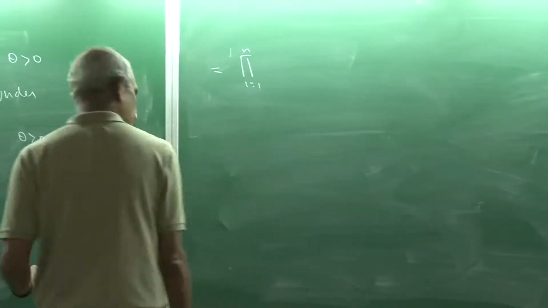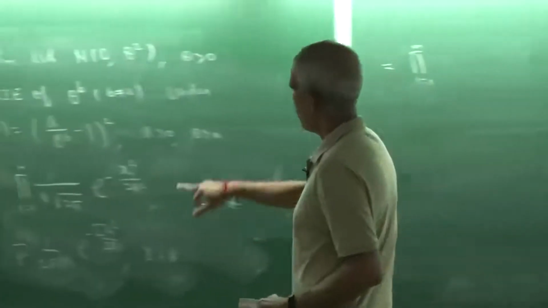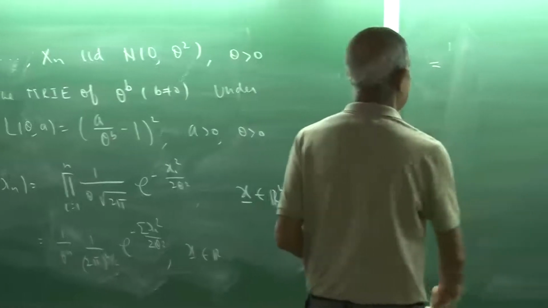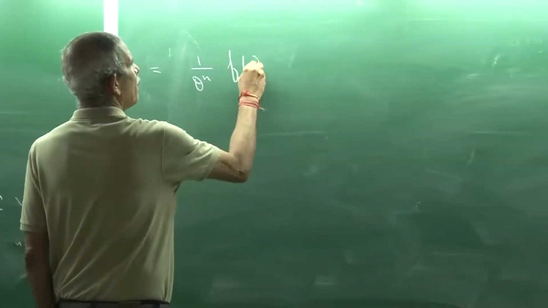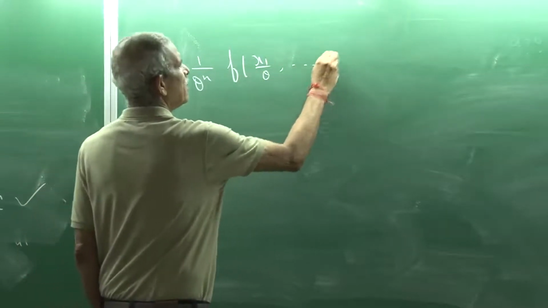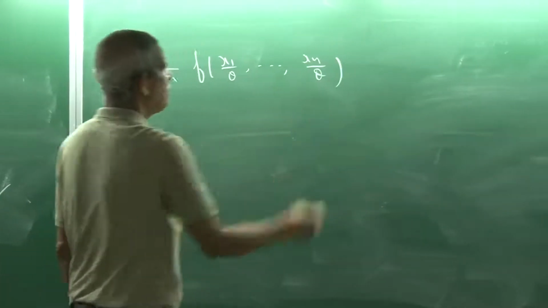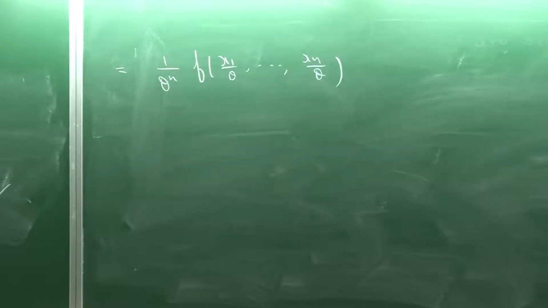The only thing you have to do is see whether this is of the type f of x1 by theta, x2 by theta, ..., xn by theta or not. So this is the same as 1 by theta to the power n, f of x1 by theta, ..., xn by theta, because that is the PDF corresponding to the scale model which we considered.